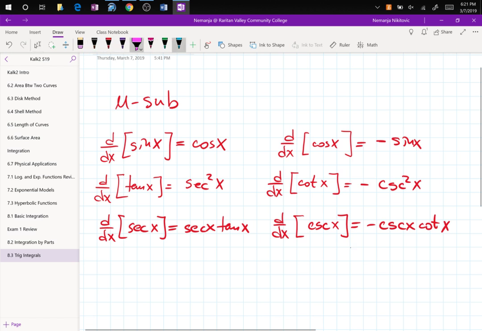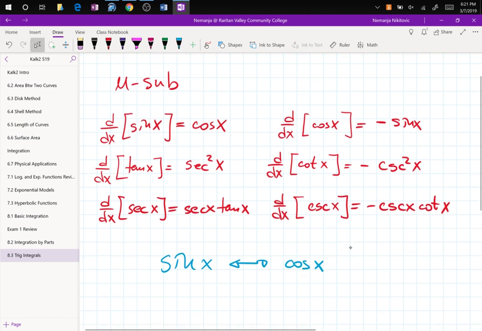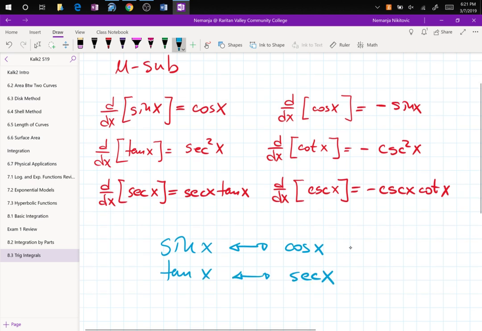The trigonometric pairing is sine with cosine, tangent with secant, and cotangent with cosecant. So these are the trigonometric pairs.